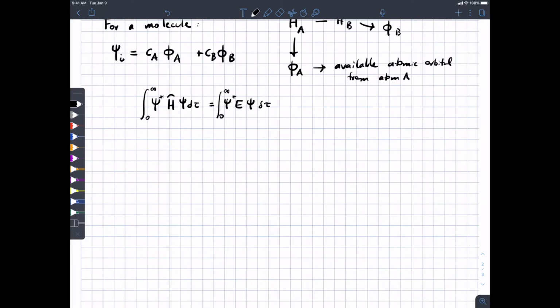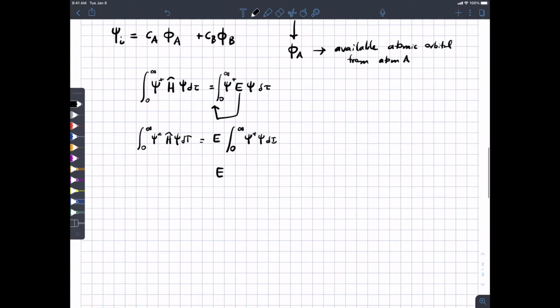And then we can factor the energy because the energy is just a constant, so we can factor that out of the integral. And then we can figure out the energy by simply dividing these integrals by each other.